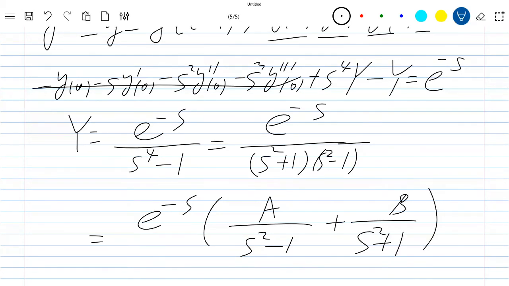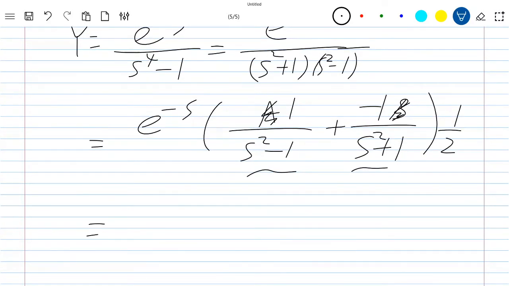So you want to add them together to make it 1, right? You can see if you add them up, you get s squared, so you should subtract them. If you do minus, then what do you get? s squared plus 1 minus s squared minus 1, that is 2. So that's it, right? Then we split again, and 1/2 here.